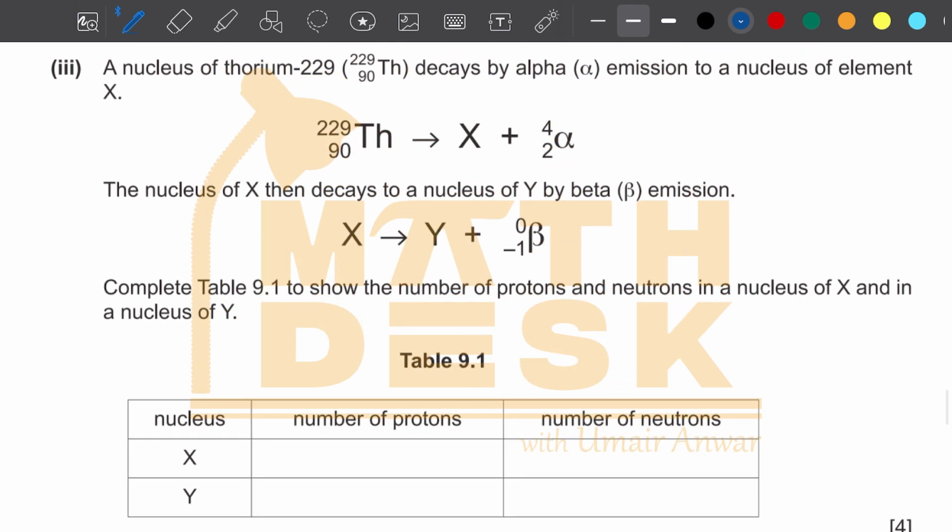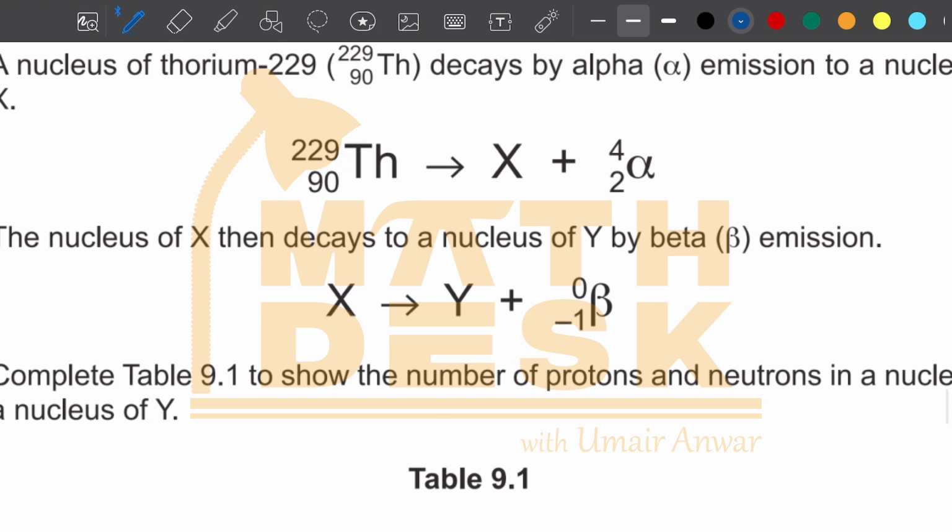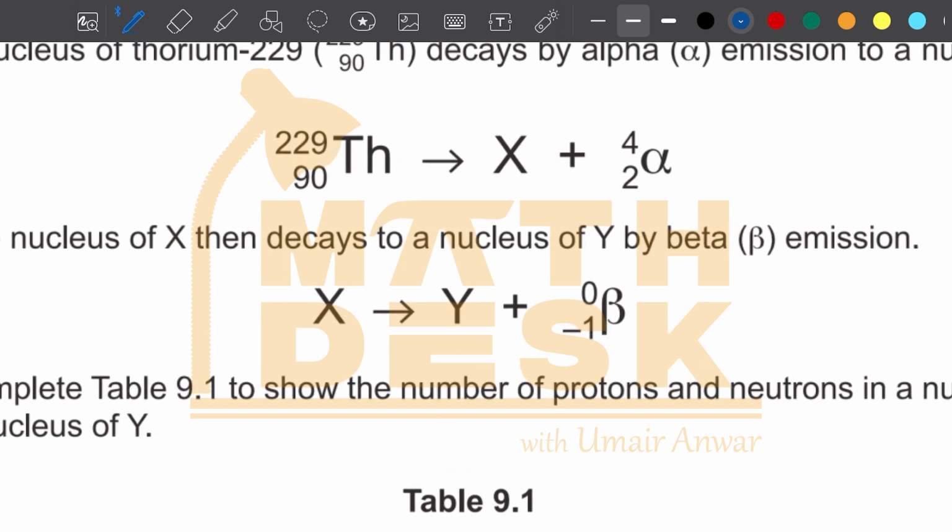A nucleus of thorium decays by alpha emission to a nucleus of element X. The nucleus of X then decays to a nucleus of Y by beta emission. Now, the first equation is showing that an alpha emission is taking place. So the proton number for X would be written by subtracting 2 from 90, and the nucleon number for X would be written by subtracting 4 from 229, so it would become 225, which means we are writing 88 and 225.